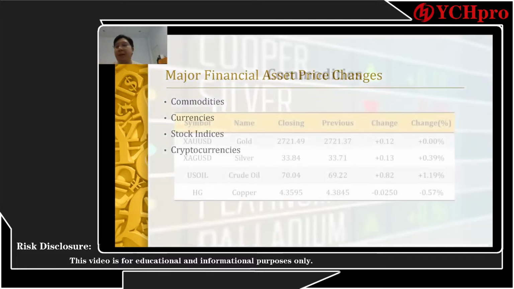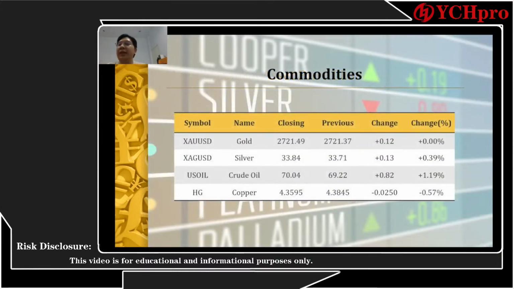Okay, so first, as you could see, gold prices just barely closed without a lot of change, because before closing unchanged, gold prices actually managed to reach even 2,740, and afterwards it started to slow down. The most notable gain is coming from crude oil, with the Middle East escalation getting worse.